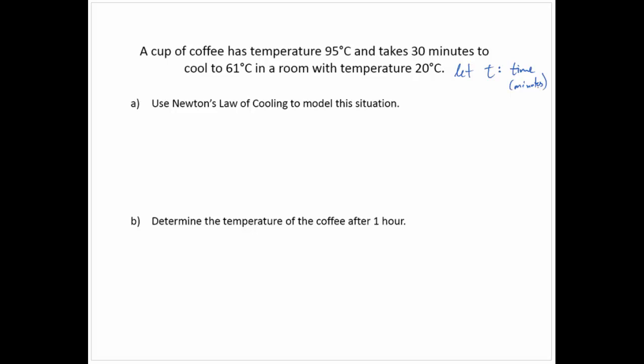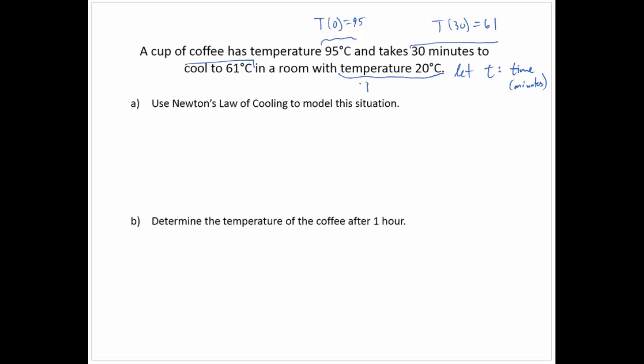All right, so I'm going to use Newton's law of cooling to model this situation. Well, I know the cup of coffee is temperature 95 degrees Celsius, so that means that T of 0 is 95. And takes 30 minutes to cool to 61 degrees Celsius, so that means that T of 30 is 61 in a room with temperature 20 degrees Celsius.